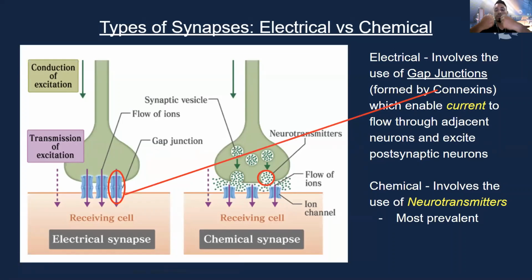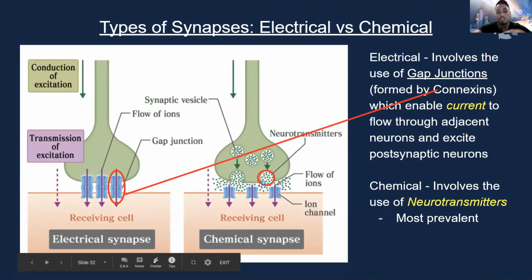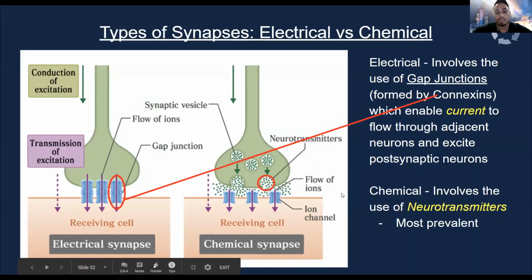Since they're pretty much touching and have a tunnel to share charge through, it's pretty quick. This charge can pass from one neuron to the next. You tend to see these a lot in cardiac tissue and some smooth muscle. It makes it so the overall charge easily flows through these gap junctions and is able to excite the postsynaptic neuron.